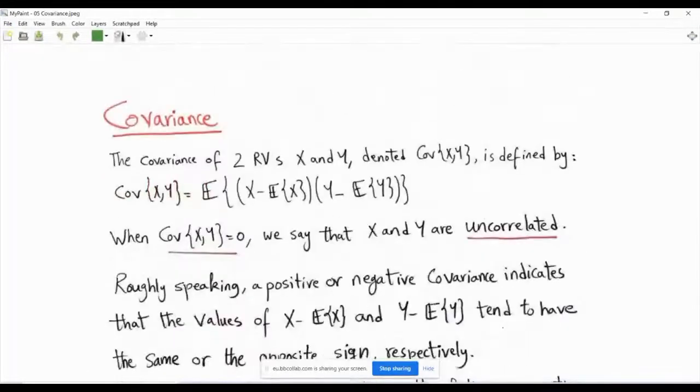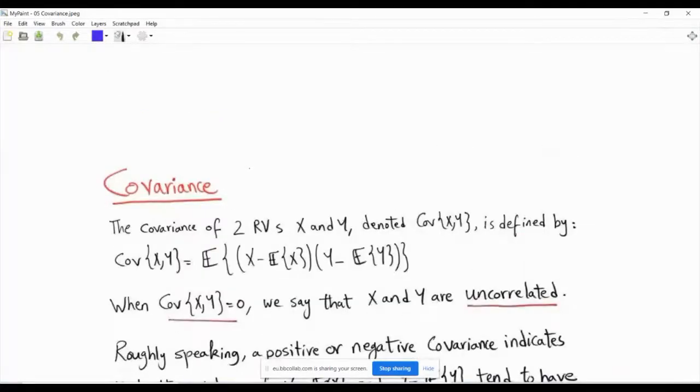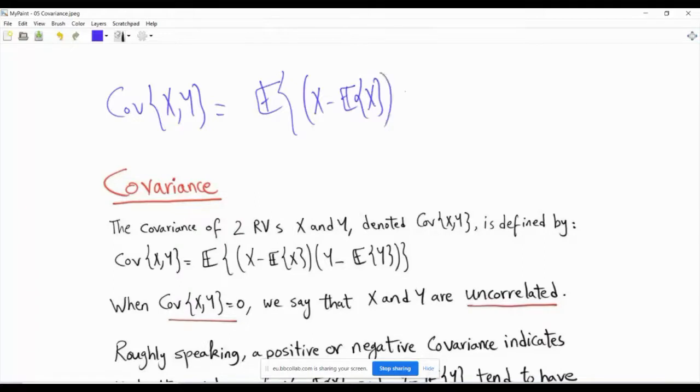If you have two random variables, x and y, then you can define something called the covariance. The covariance of x and y is defined as this function here. Covariance of x and y is the expectation of x minus expected x, times y minus expected y. You subtract from x its first moment.